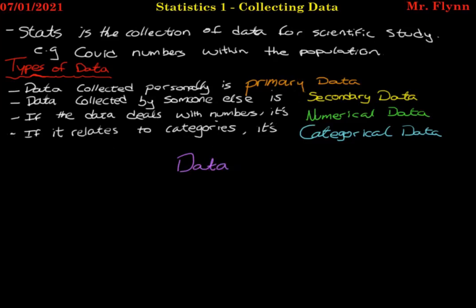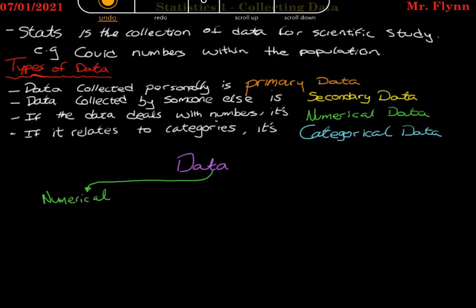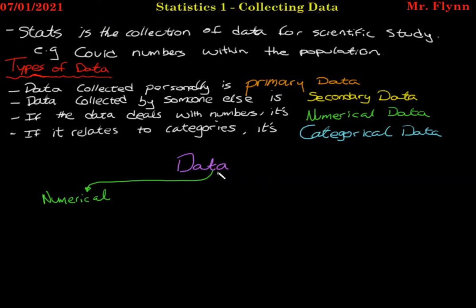All right, but our data then is broken down into both our numerical data over here, and also then our categorical data. So we have numerical and categorical data coming together under the main umbrella of data, which comprises primary and secondary gathered data.